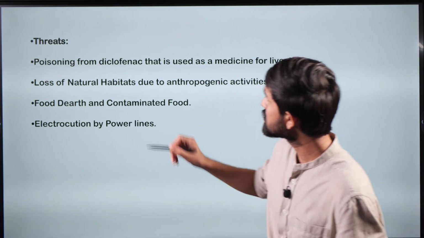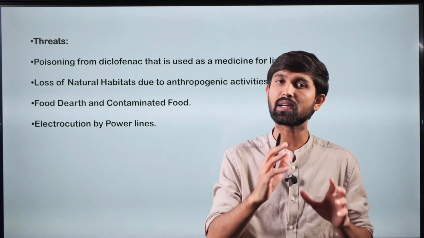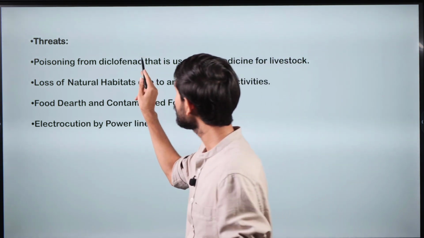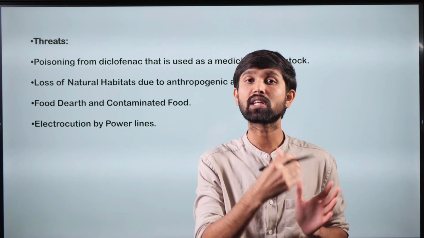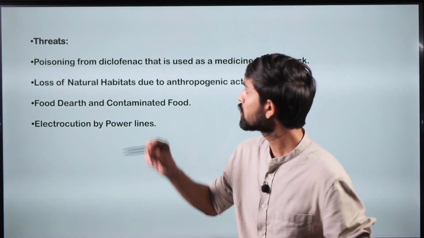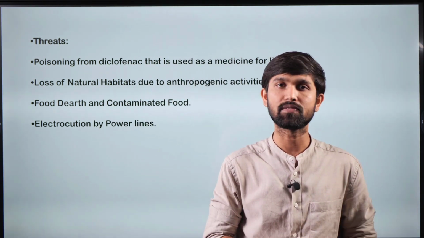One prominent one is the poisoning by diclofenac. This is something which most of us might have heard in the news before, where diclofenac is a popular chemical which is generally used in our painkillers. The ointment that we use, the principal chemical in those ointments is diclofenac, which actually gives us the relief.